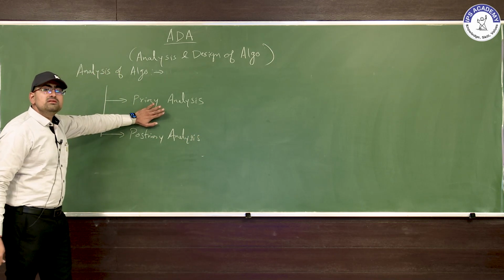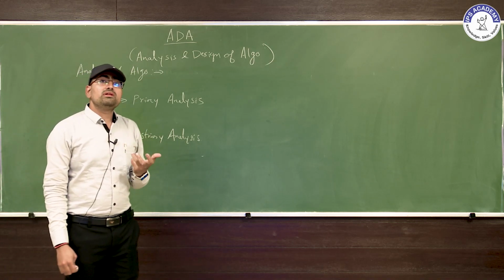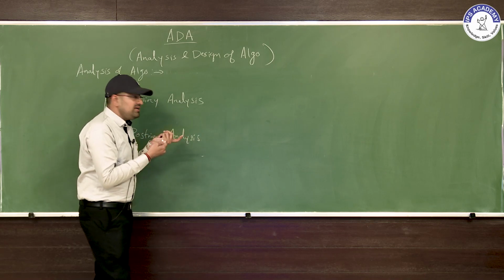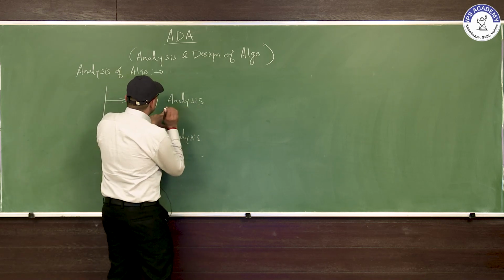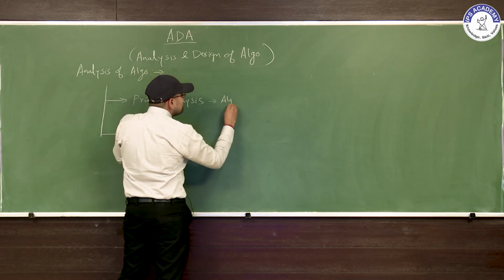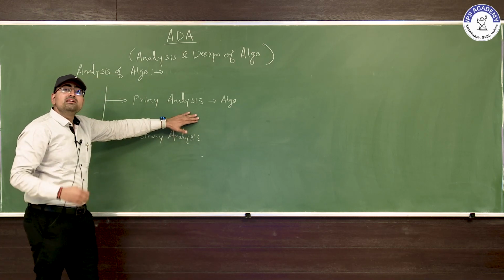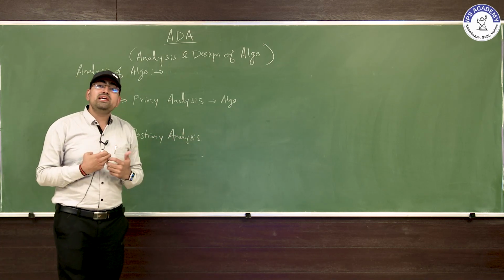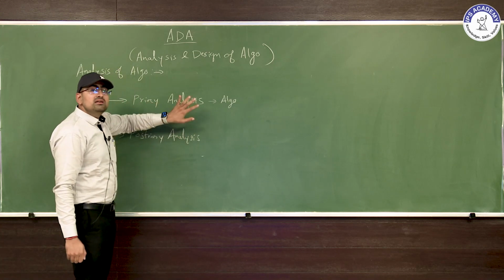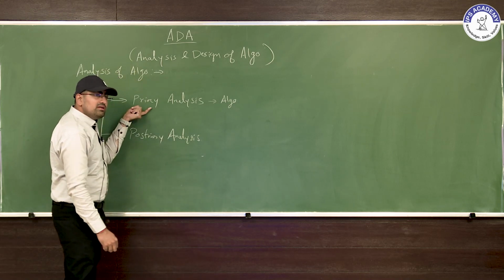Priori analysis is where we analyze the algorithm while designing it, right? So in case of an algorithm, we perform priori analysis. That means at the time of design of the algorithm, we perform this analysis. Definitely before the deployment we are doing that. That is why it is called priori analysis.